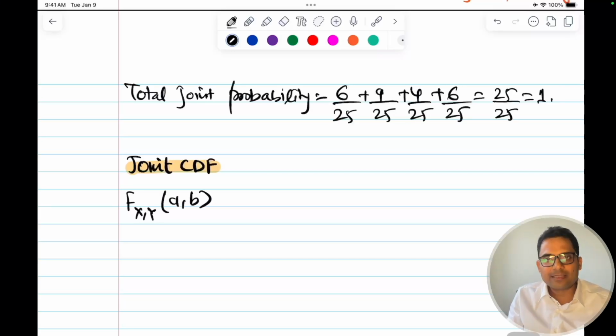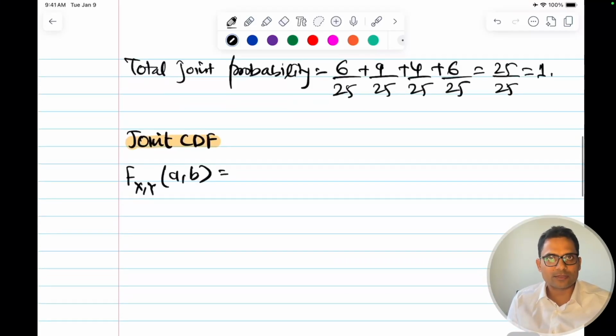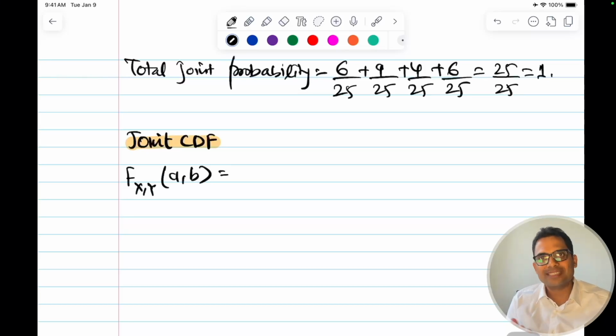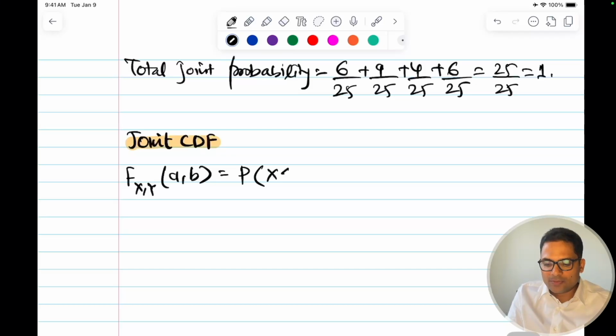If I have variables, there are some books which give a and b. I'll make you familiar with these notations. They use x, y, a, b. So I'll give you a, b notation also, and then later on I'll use x, y notation itself. I'm just making you familiar with the different notations so that you don't get confused when you see them. What is this? Probability of x less than or equal to a, and comma is read as and.